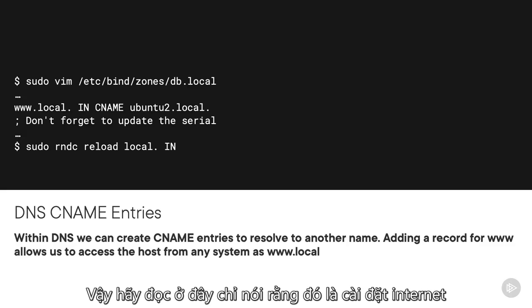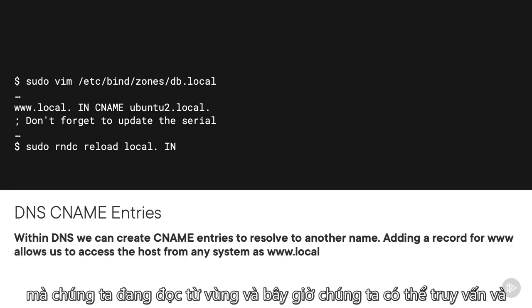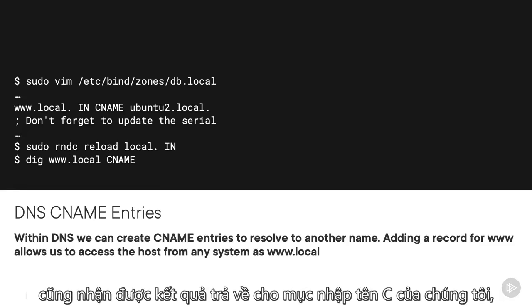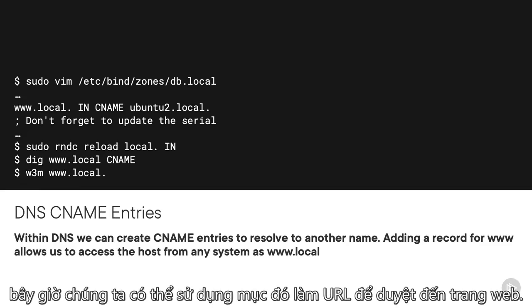The in here is just saying that it's internet settings that we're reading from the zone. And now we should be able to query and get the result coming back for our CNAME entry. Also, we can now use that entry as our URL to browse to the website.